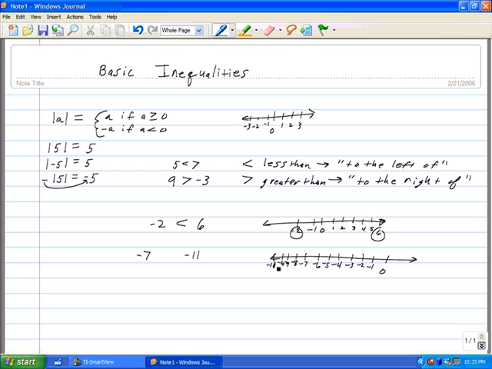Clearly the negative 11 is to the left of the negative 7, or you could refer to the negative 7 as being to the right of. So negative 7 is in fact greater than negative 11. Sort of the reverse of what you would expect, or what you do see over here on the right hand side of the number line. So the negative side is sort of a flip or a mirror image of the right hand side.